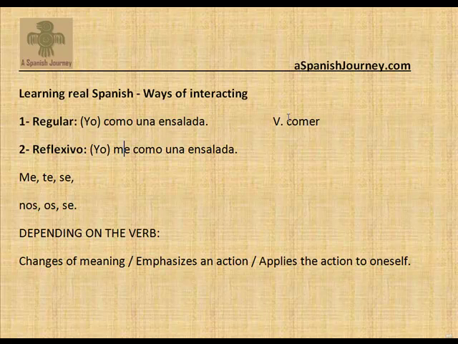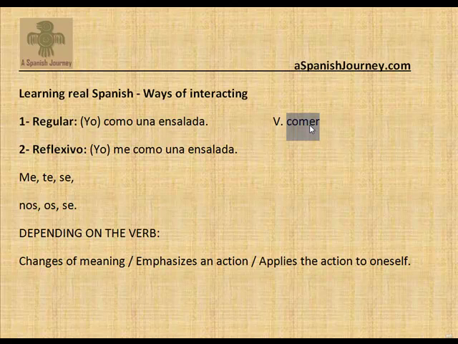And the reason why comer is not commonly said, that mostly teachers, they don't say that comer is a reflexive verb, is because in theory you're not supposed to use it like that, okay? But in real life, in real Spanish, people say it.